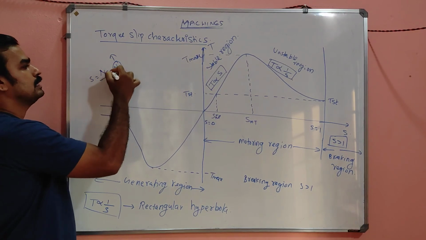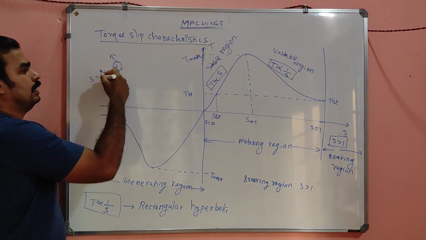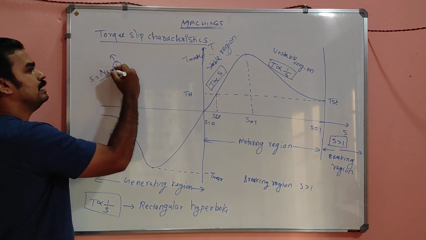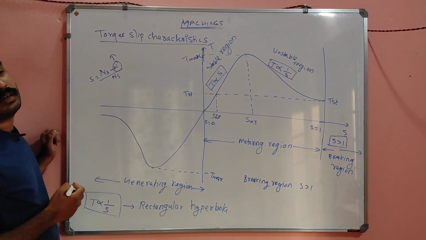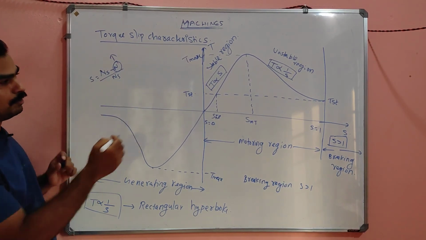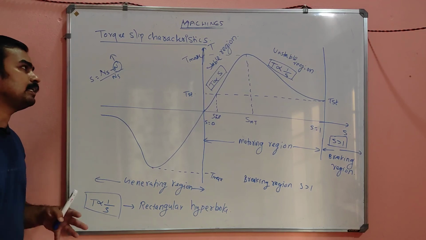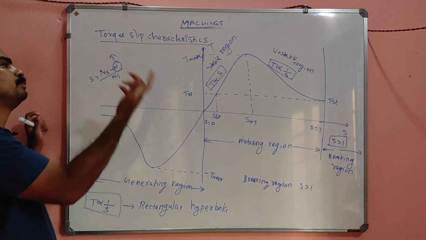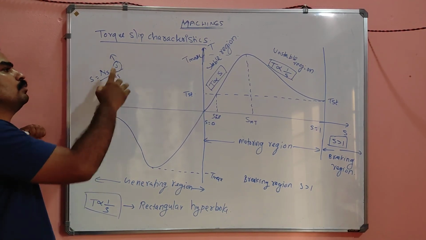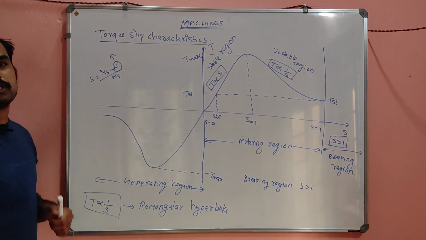What happens? In magnitude, slip will be greater than 1. Correct? That's all. That's for the braking region. So the braking region means we have to increase the N. I mean the reverse process actually, right?